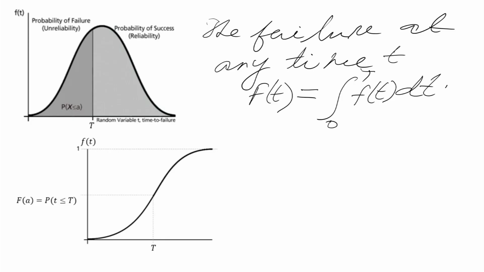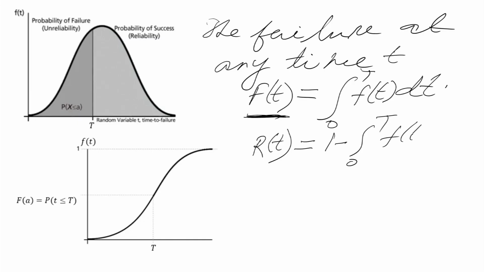Now suppose this probability of failure function is there. You can calculate this by integrating f(t), and from there you will be able to find R(t). So how can you find R(t)? You can do 1 minus this, that is 1 minus the integral from 0 to t of f(t) dt. What does it mean? Now this t is greater than this t. This way you can do the calculations.